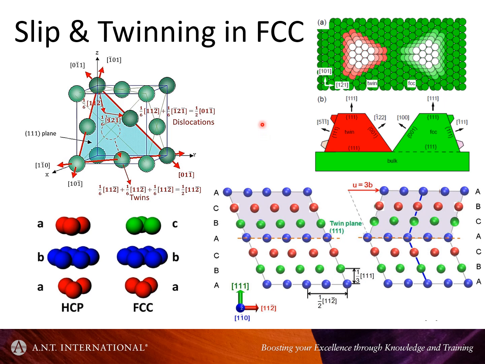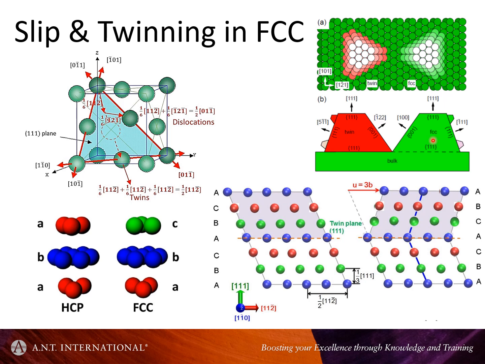Okay, sorry, I should have corrected myself here. That 511 here refers to what this 1-1-1 plane in the twin is: it's parallel with the 5-1-1 plane in the original matrix.